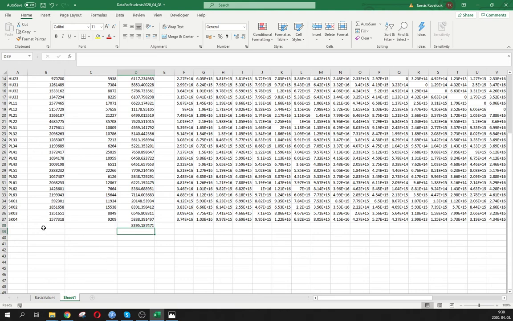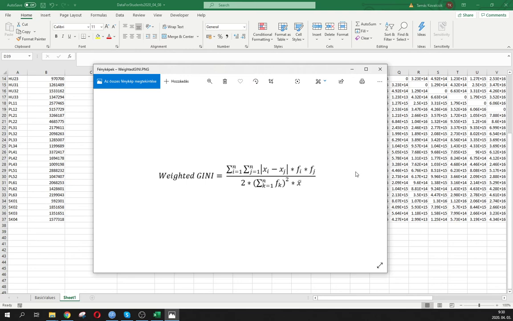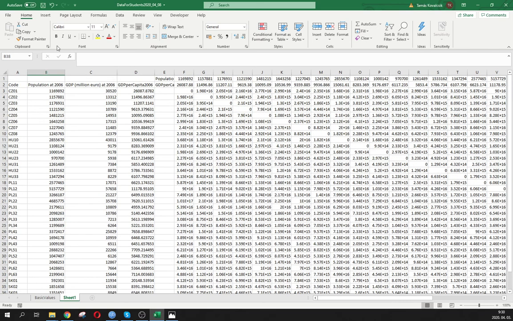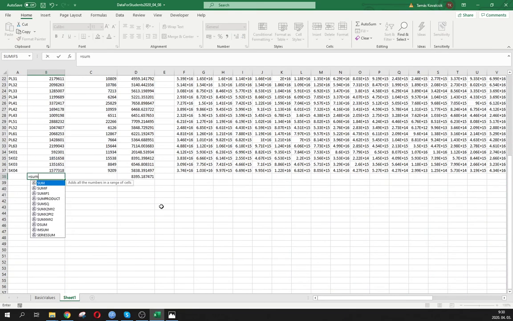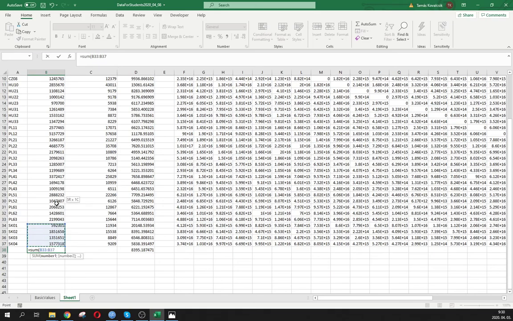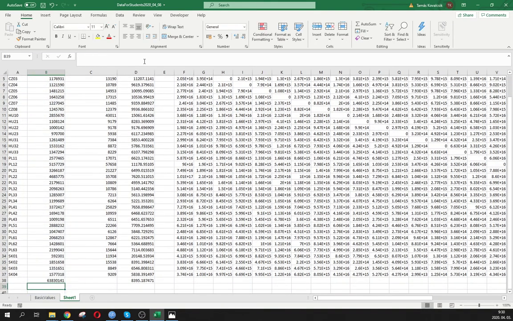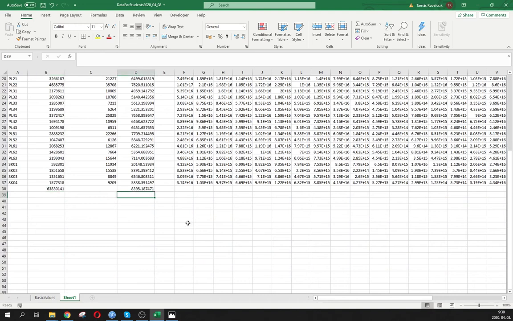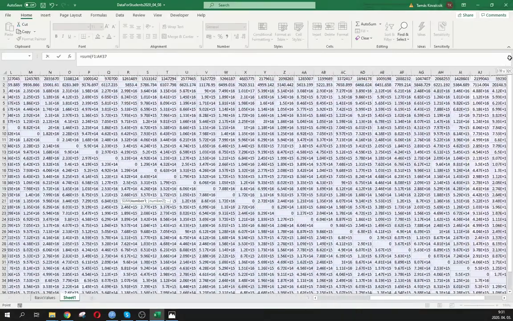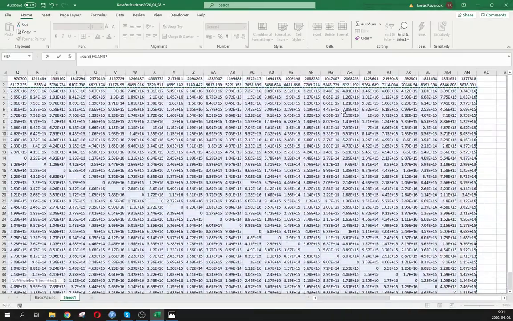And after that we should also summarize the weight, the population, and after that we can calculate the GINI: the summary of all of the numbers in the matrix.